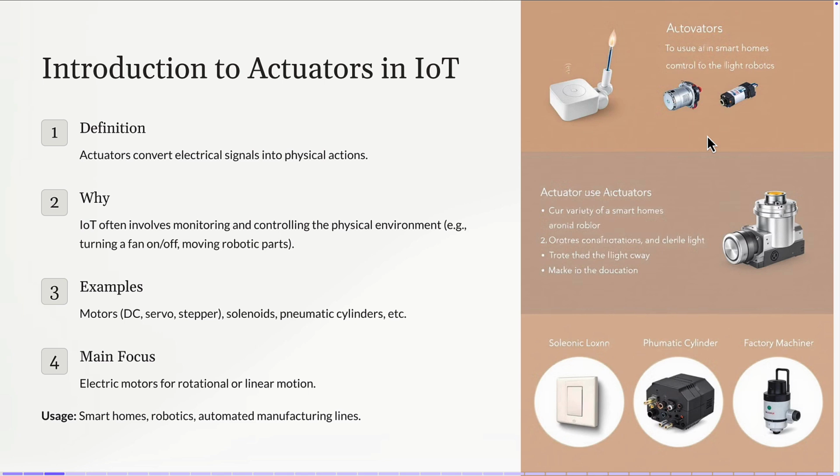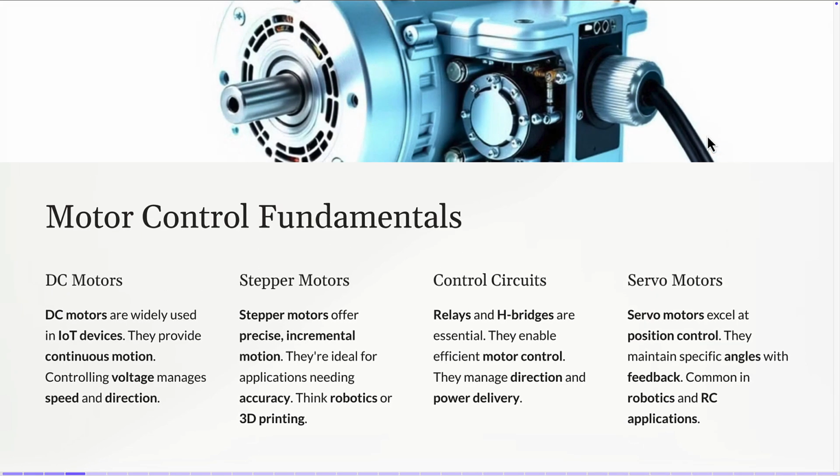So different types of motors, DC, servo, and steppers, are available to control different types of objects. The main focus is the electric motor for rotation and also linear motion. So these are the different types of motors.